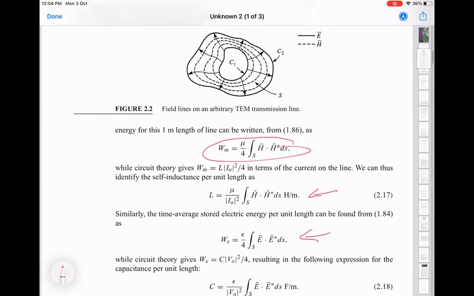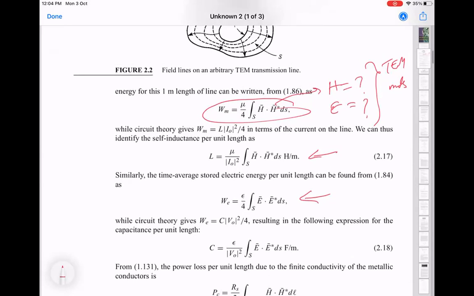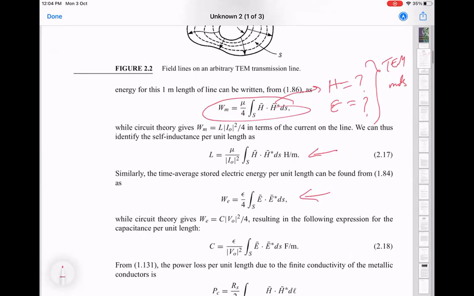What this expression will give you will depend on the expressions for what H is and what E is, right? And this will come from the description of these things as TEM modes. For a cylindrical geometry, you want to go into a cylindrical coordinate system, and that will give you the correct Maxwell's equations and put in the boundary condition. That's actually discussed both in this part of the chapter and also in chapter 3.